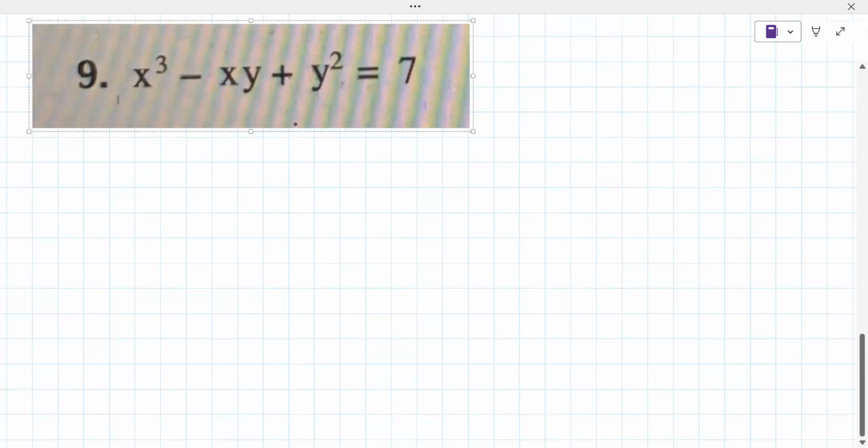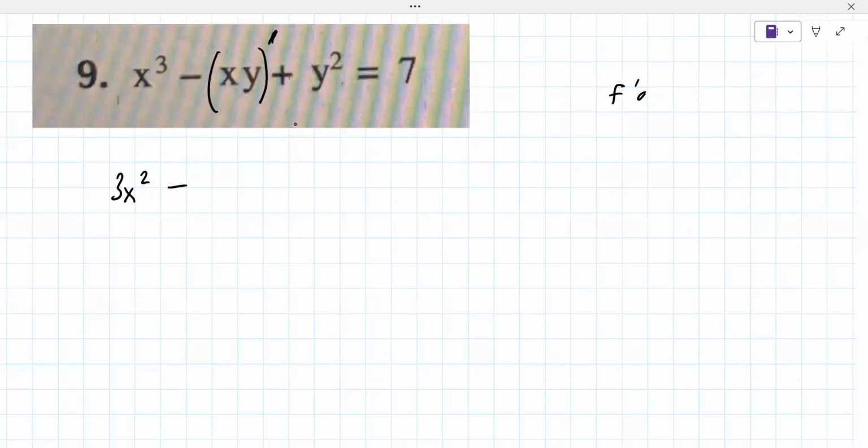All right, so the derivative of x cubed is 3x squared. Now, the derivative of xy, this is where you have to be really solid on your product rule. Maybe by now you know that's f prime g plus f g prime, but what does that really mean?